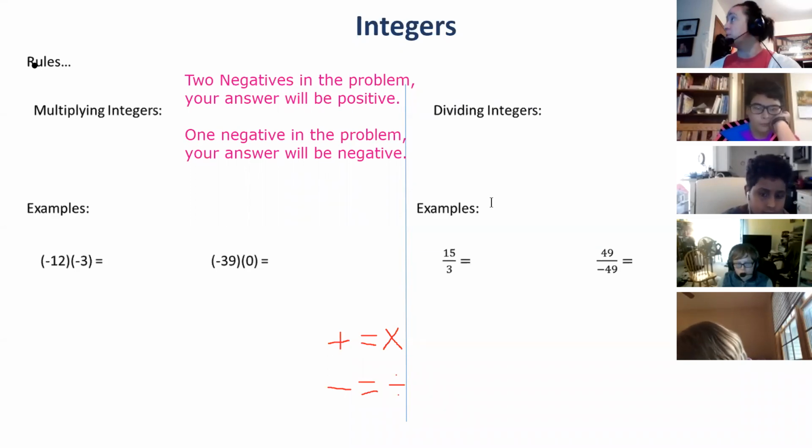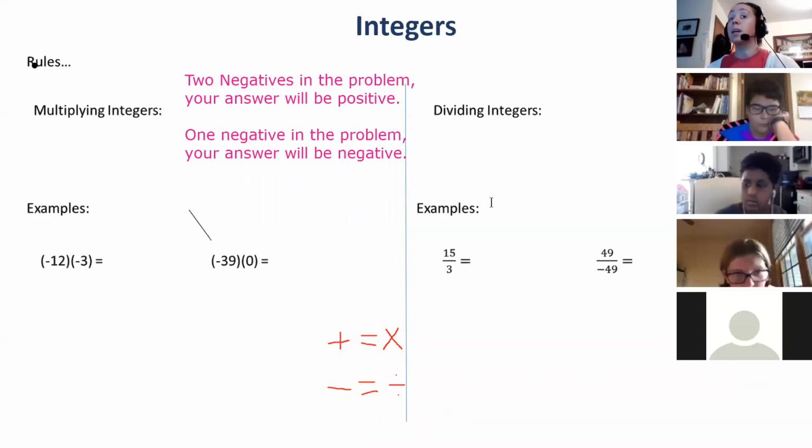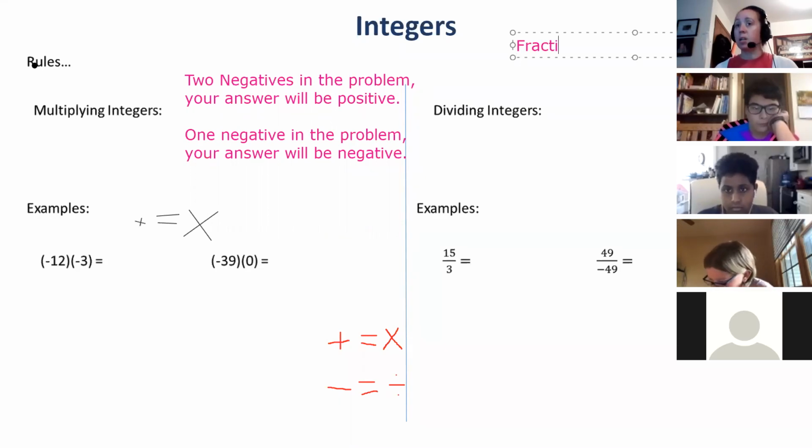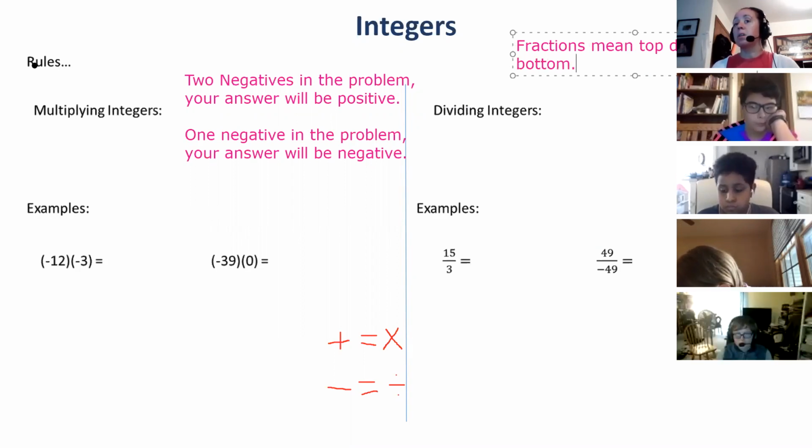And since we're in algebra, we got to get used to seeing parentheses telling us to multiply. And then that fraction bar means divide. So 15 divided by 3. If you see a fraction, that means top divided by bottom.